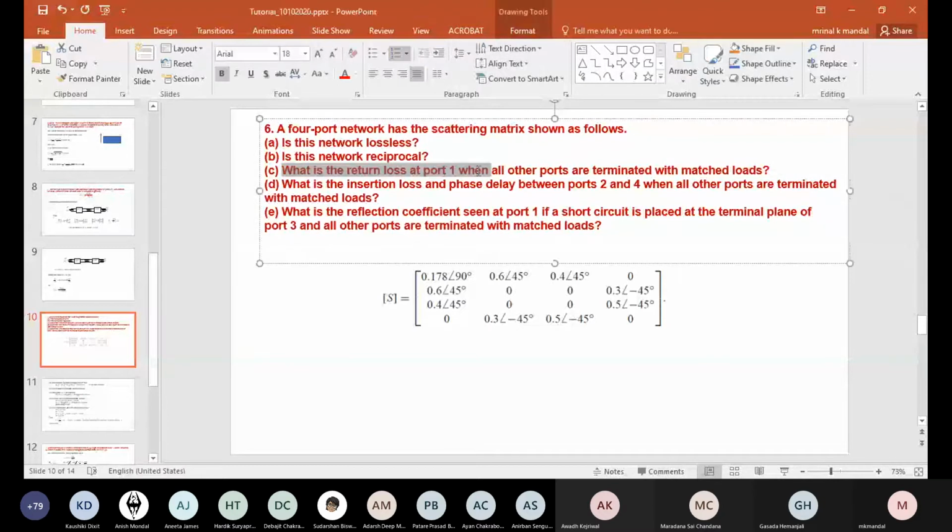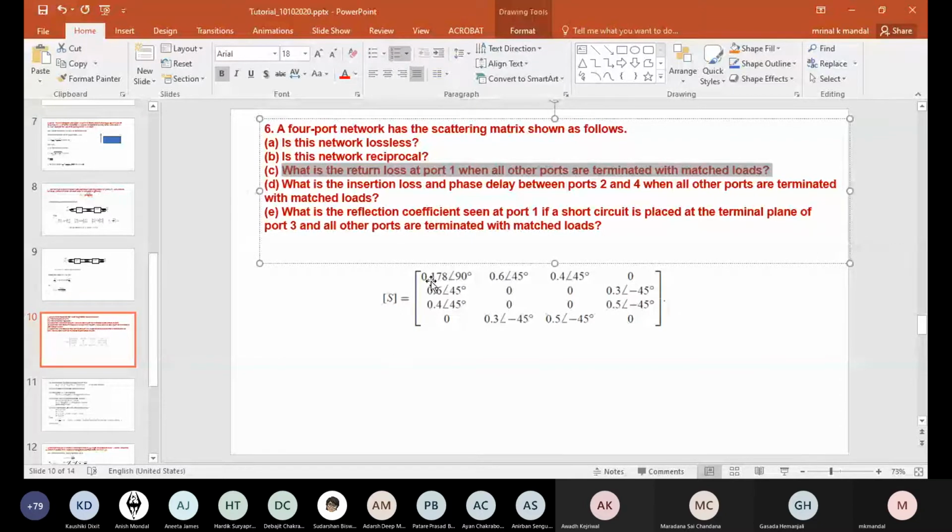Anyway, next, return loss at port 1. All other ports are matched terminated. Well, this is the definition of S parameter, no? When all other ports are matched terminated, then whatever voltage comes out is represented by S11.